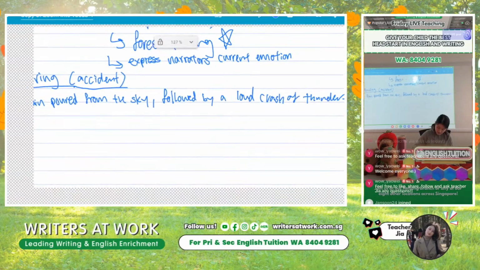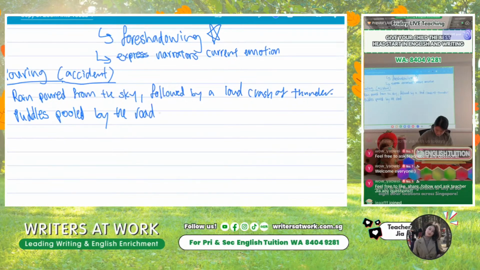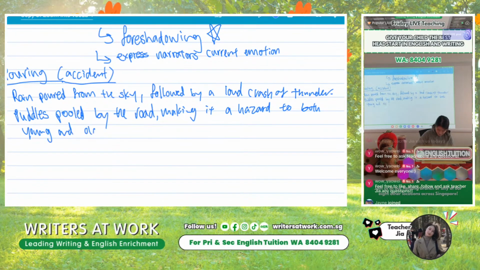So we can say puddles pooled by the road, making it a hazard to both young and old.